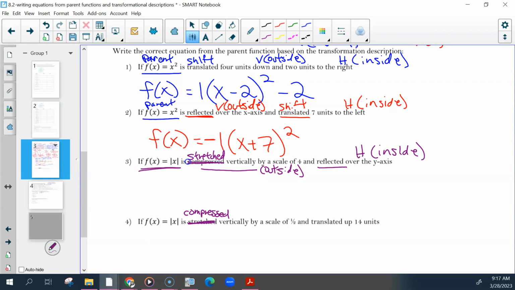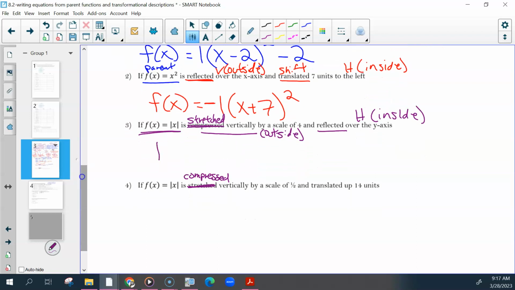So then as we write this, it'll still start off f of x equals. Stretched vertically would be our a value, so we're going to put that out front. 4. Do we have any horizontal shifts? No. But we do have that horizontal reflection, so that's going to come before our x. But that's going to be the only thing that's inside, that negative.